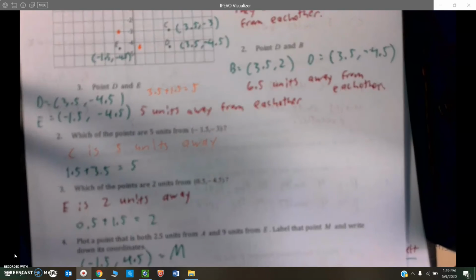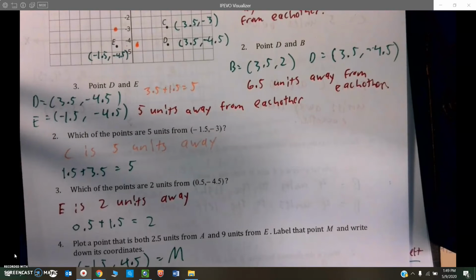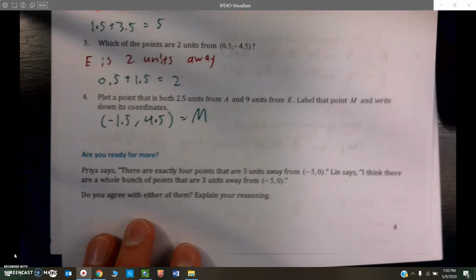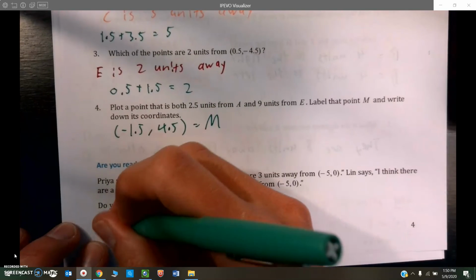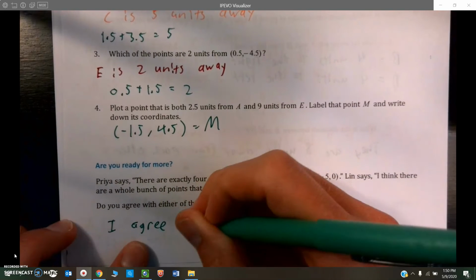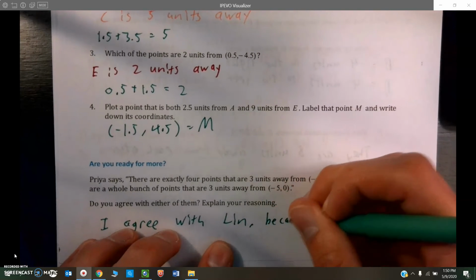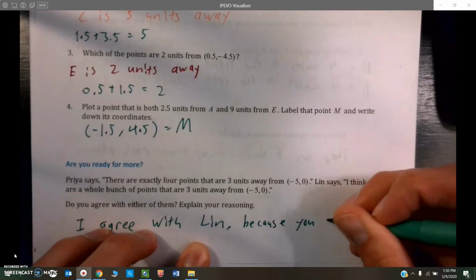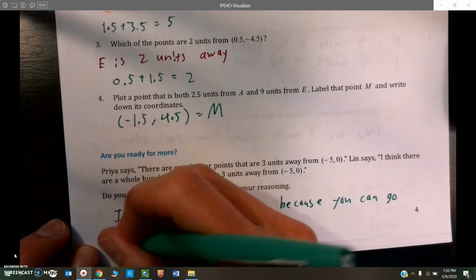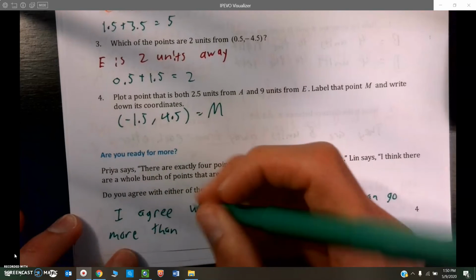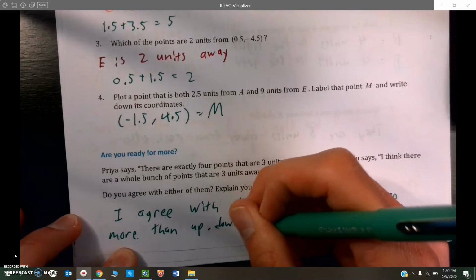Priya says there are exactly 4 points that are 3 units away from (-5, 0). Lynn says, I think there are a whole bunch of points that are 3 units away from (-5, 0). Do you agree with either of them? I agree with Lynn, because you can actually go in more directions than up, down, left, and right.